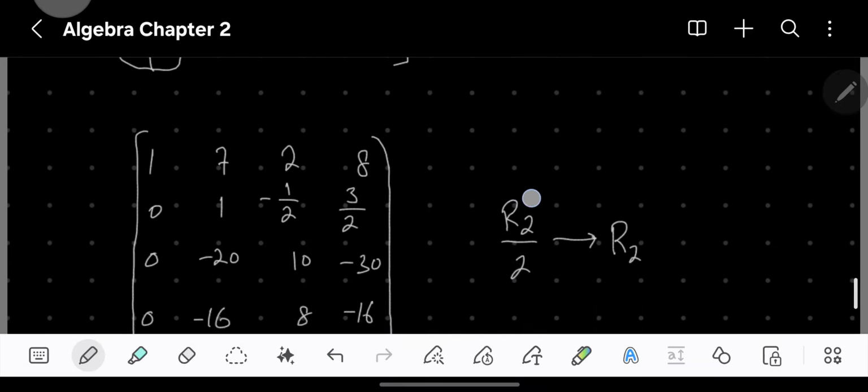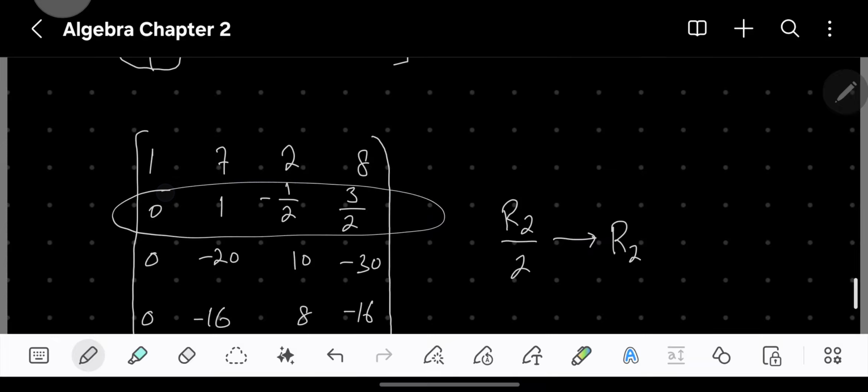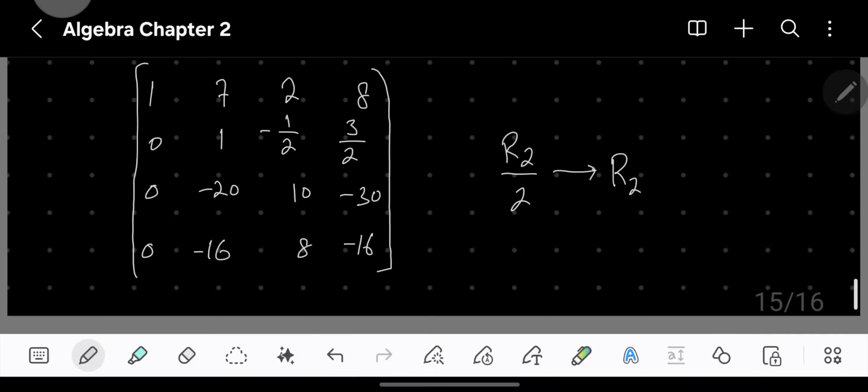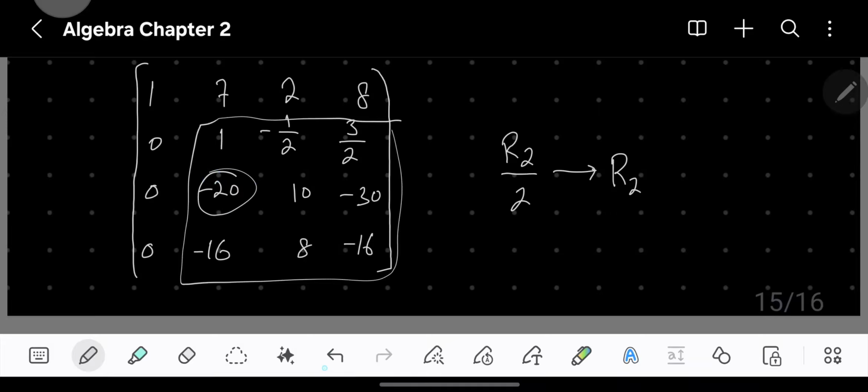R2 is 0, 1, minus 1 by 2, 3 by 2. So I will write 0, 1, minus 1 by 2 and 3 by 2. Since we are dealing with this matrix, we have made this 0.